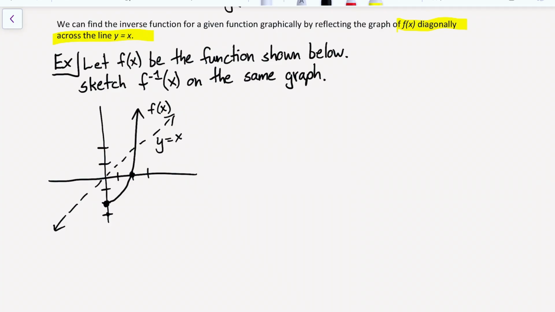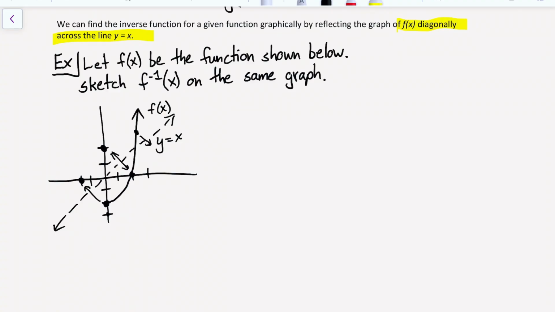And I'm reflecting each point across this line. So there should be a mirror image somewhere over here for every point that is currently on this side of the line. Let's see if we can make that reflection. It looks like we should have a point right here. It looks like we should have a point right here.